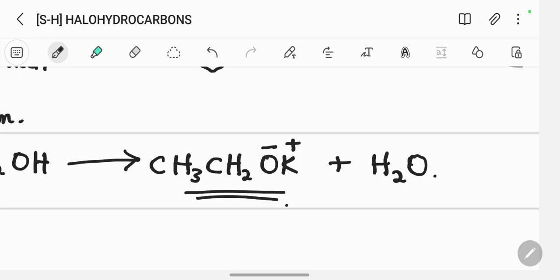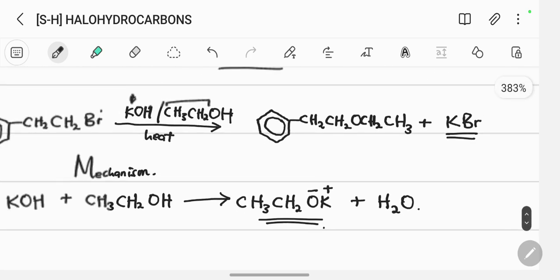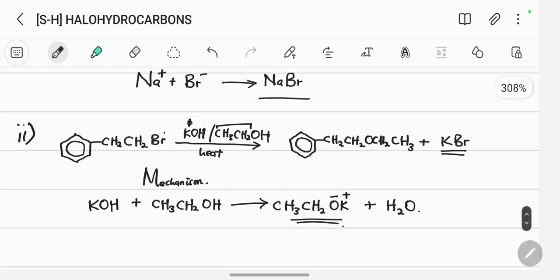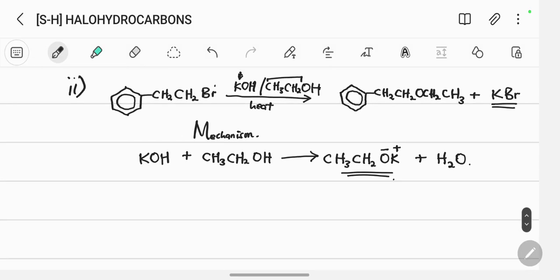After dissociating, it will give us potassium ions and ethoxide ions. The ethoxide ions are going to attack the halogen, breaking off the bromine. If you have chlorine, it's going to be chlorine breaking off, and we form our ether. So I'm not going to complete this. I'm going to march forward.